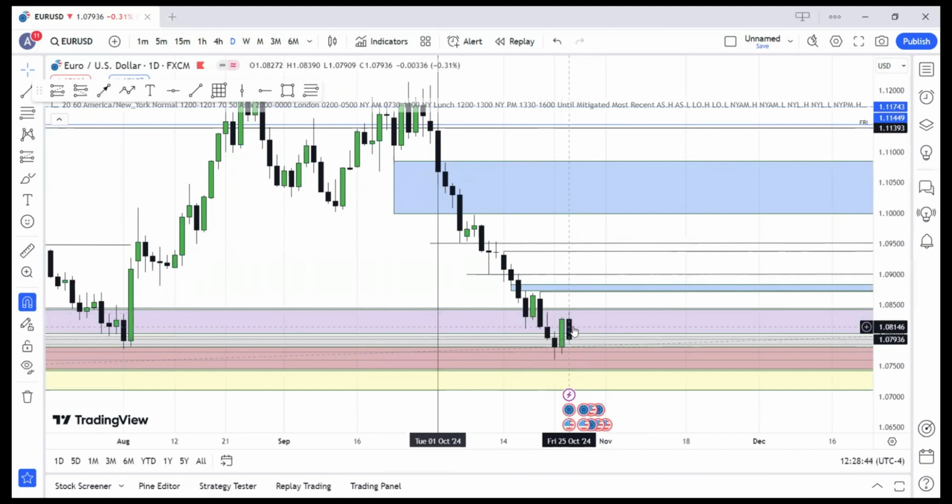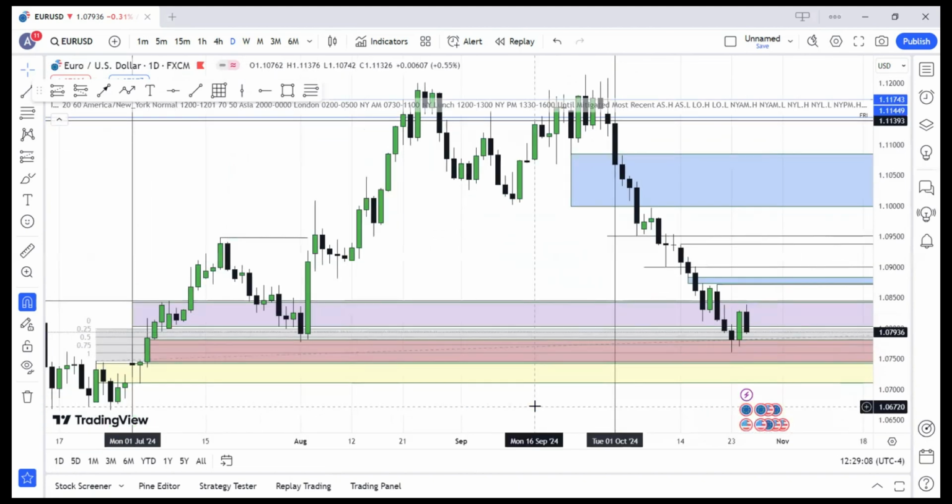I expect that to be support now going forward. It didn't, it broke through that. So that shows a lot of bearish momentum for me, which means that I'm expecting price to go lower going into the next week, and then I'll see how it actually respects the support level that we have on the weekly, plus the one that we have on the daily, which is this one right here.